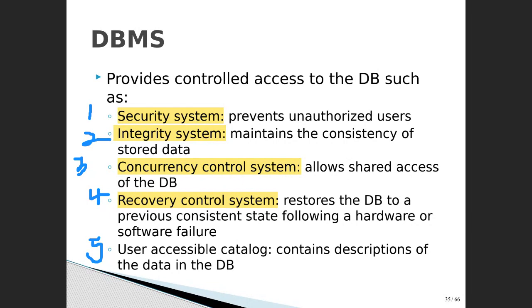So the recovery control system, in case there is any failure in the software or hardware, will be a restoration mechanism. It will recover the system and return it to the point where there was no failure or error. Also, it will be provided by the database management system. So it will restore the previous consistent state of the database system.